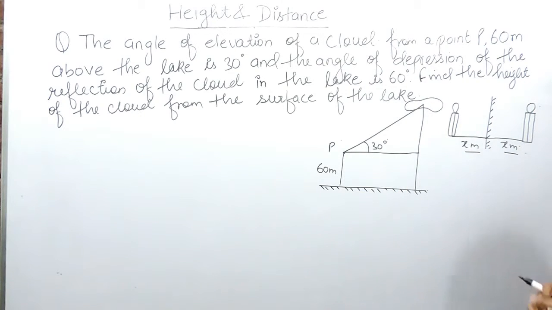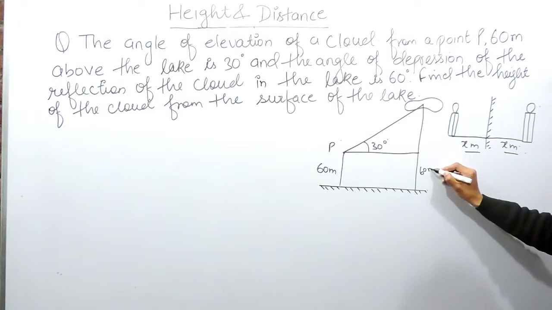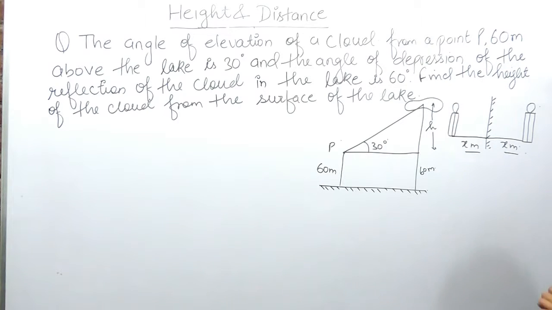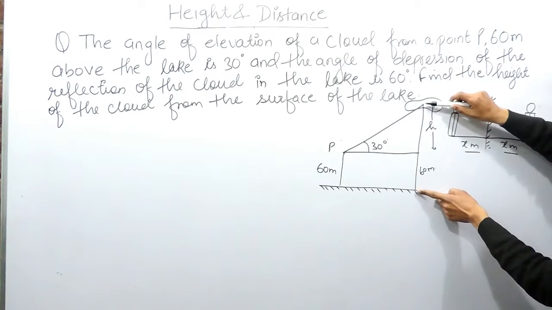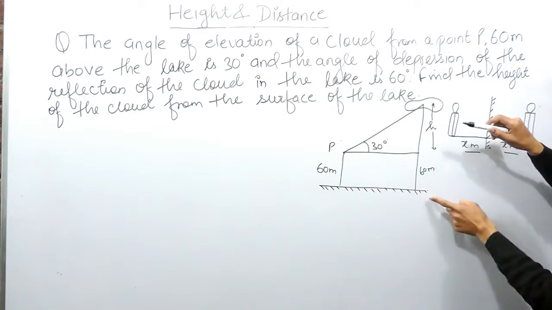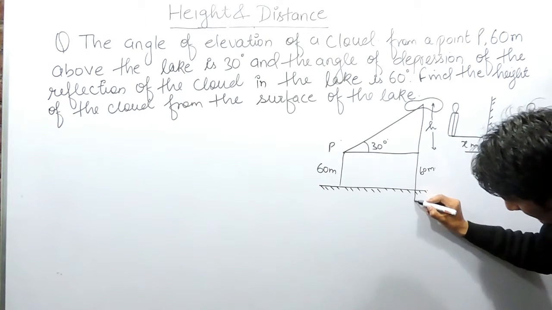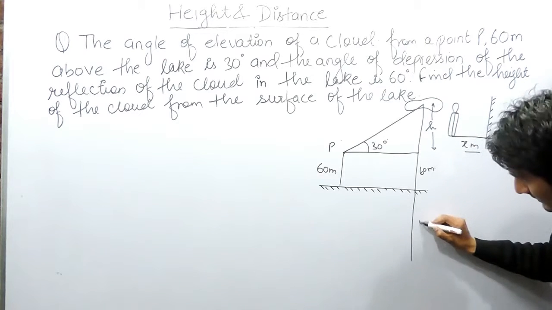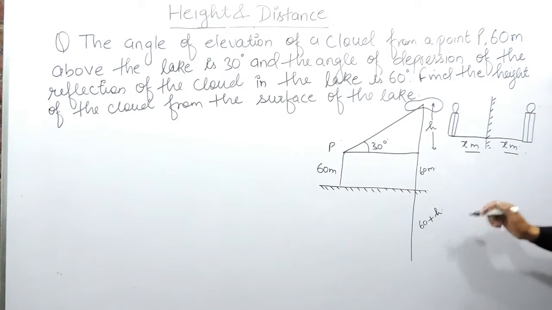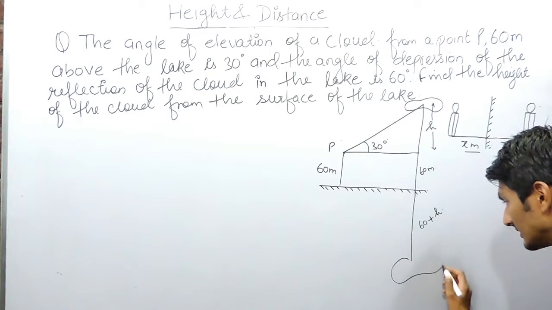This is 60 meters, and suppose this is h meters. Because the cloud is placed 60 plus h meters away from this plane mirror, its image must also form 60 plus h meters away from the plane mirror. So these two distances must be equal.